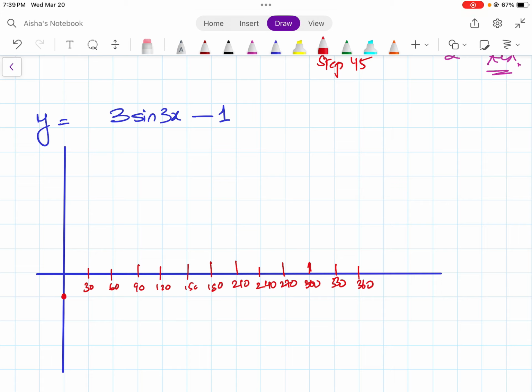Minus 1, then 2, then again a minus 1, and then again a minus 4. One cycle.